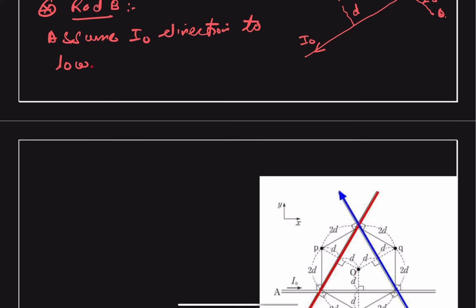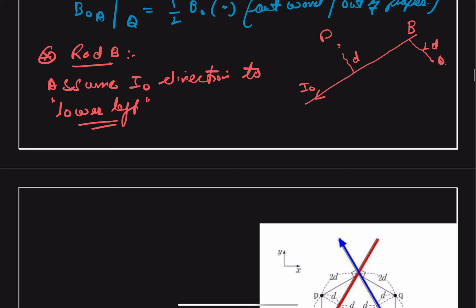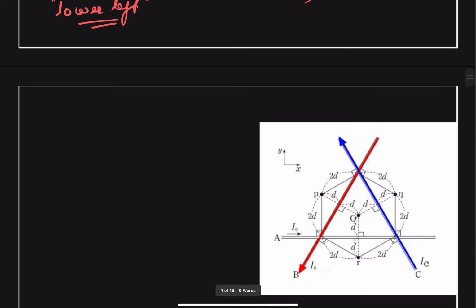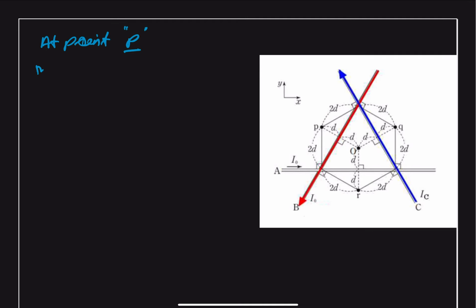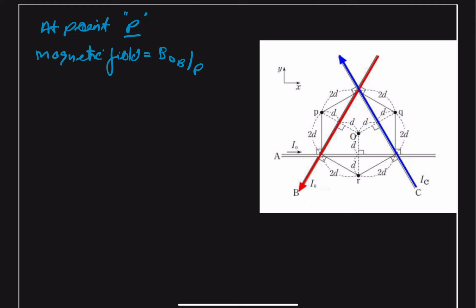Similarly, we find out the magnetic field at point P as well as at point Q. So for point P, the magnetic field, let us suppose that is given as B naught B at point P, which will be equal to B naught, and its direction will be into the paper.